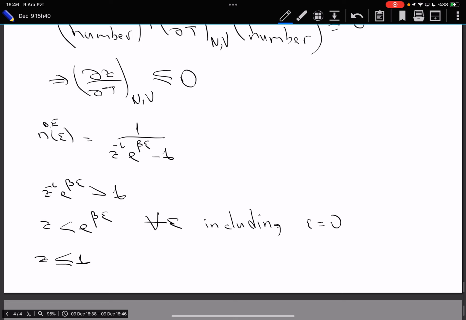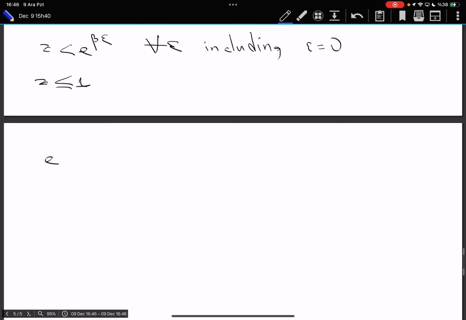Okay, that is one thing to keep in mind. And remember, z is e to the power mu over kT. This should always be less than or equal to 1, which tells me that mu should be less than or equal to 0. z increases if I lower the temperature. If z increases, that means mu is increasing. But it can never cross 1. Similarly, mu can never cross 0.